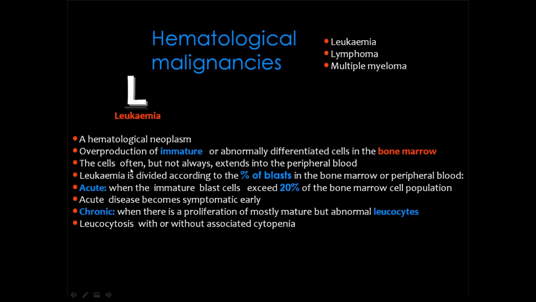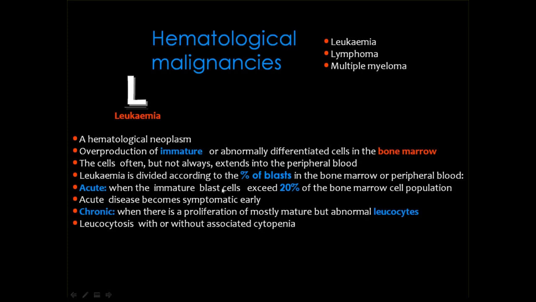The cells often, but not always, extend into the peripheral blood, meaning that the immature or abnormally differentiated cells are present in the axial skeleton, and they may go to the peripheral blood often but not frequently. Since the diagnosis needs a central bone marrow sample, like the sternum, for example, in order to reach the accurate diagnosis.